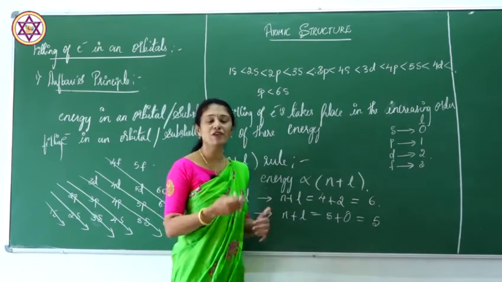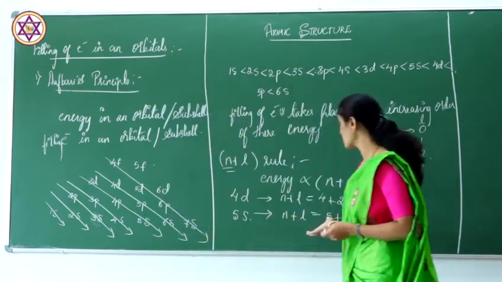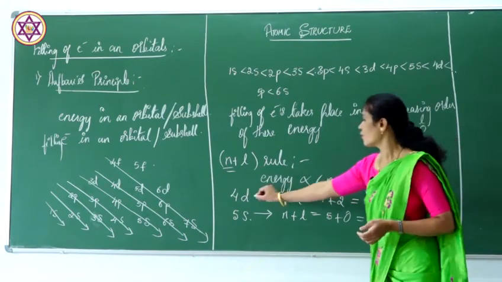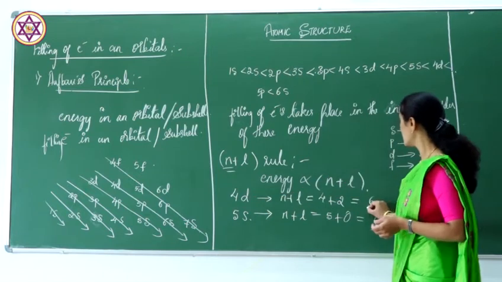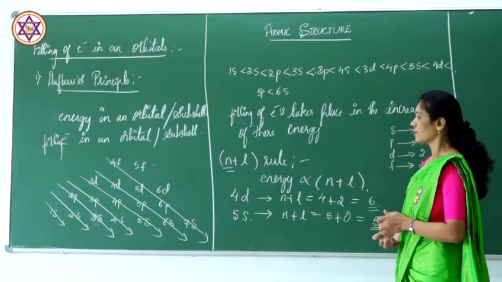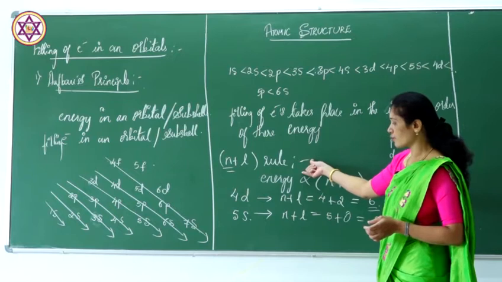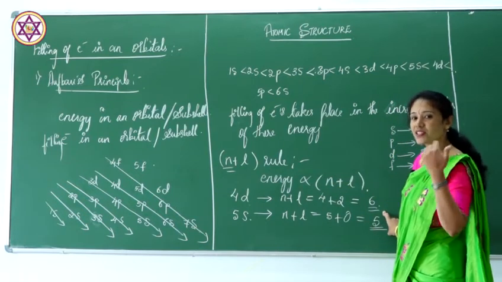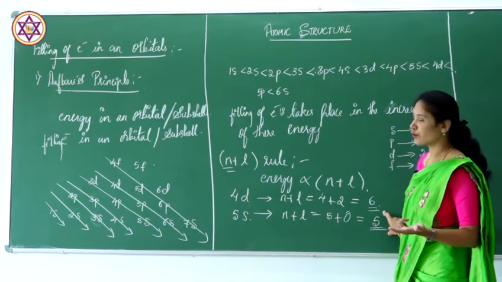Now, how will you fill here? How does the filling take place? You can see the n plus L value for 5s is 5, and for the 4d subshell it is 6. As I said, according to the n plus L rule, the one which has the lower n plus L value is filled first in the electronic configuration.